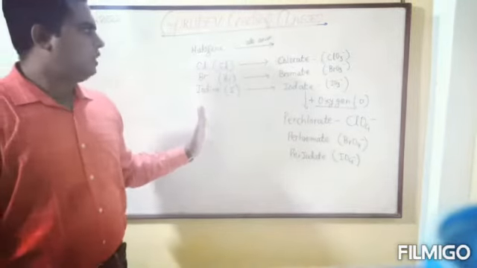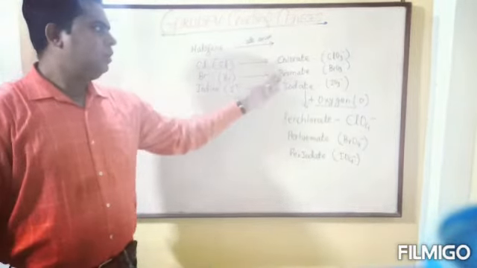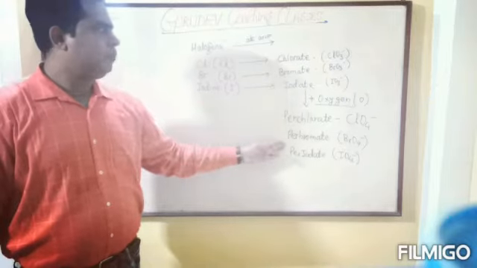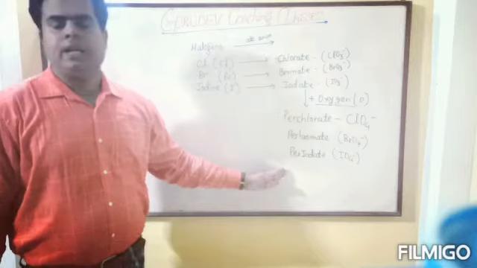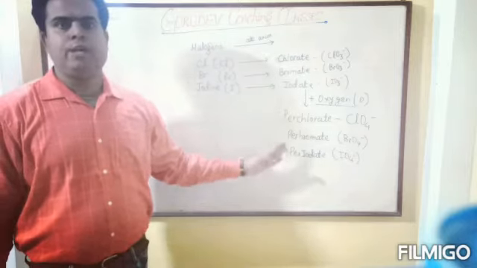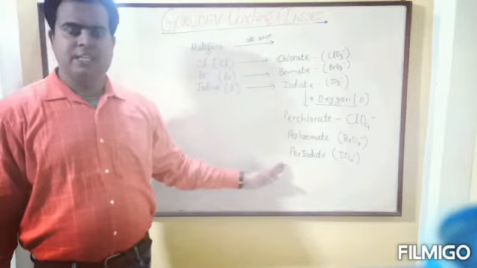Just see the conversion: chlorate to perchlorate, bromate to perbromate, and iodate to periodate. In our next step, children, we are going to remove one oxygen.